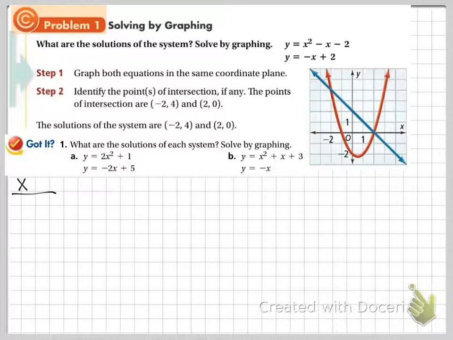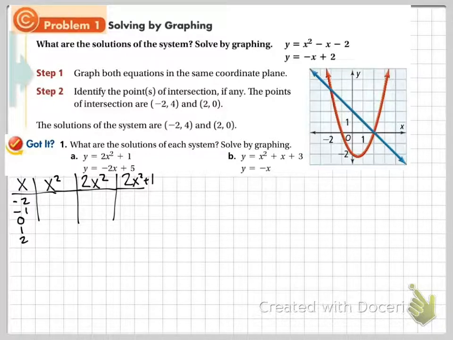So I'll plug in -2, -1, 0, 1, and 2. Those are always just good starting numbers. -2 squared is +4. -1 squared is +1. 0 squared is 0. 1 squared is 1.